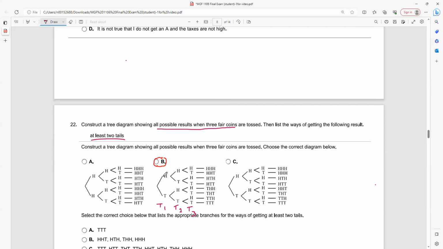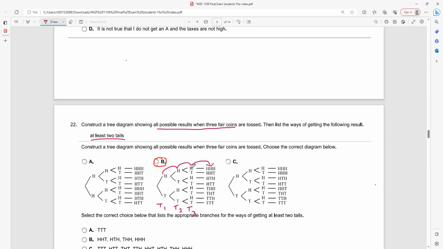Now, when we toss that coin the second time, if it landed on heads, we could then get either heads or tails. So from each tree branch, we can get either heads or tails again for the third toss.